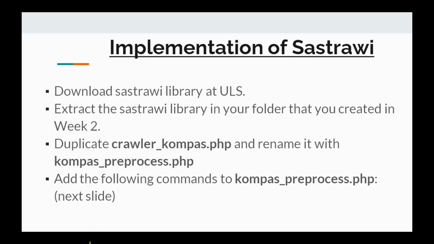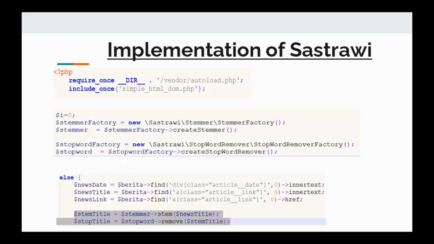Then duplicate this file and rename it kompas_preprocess.php. Then add the following code to kompas_preprocess.php, as shown on the next slide.